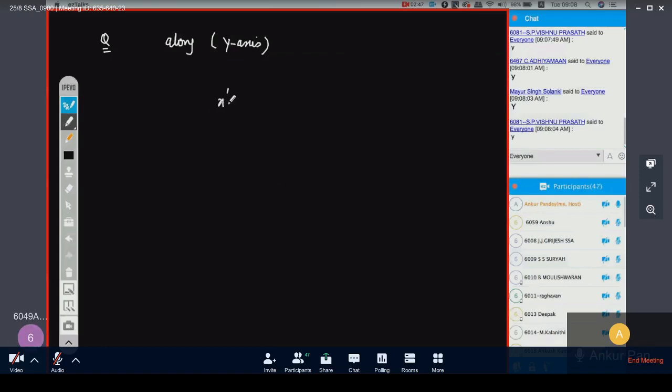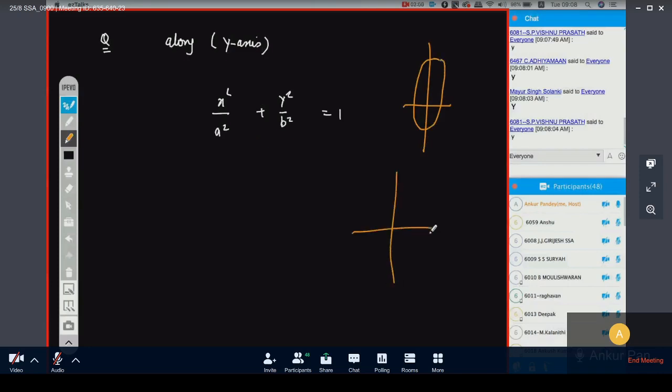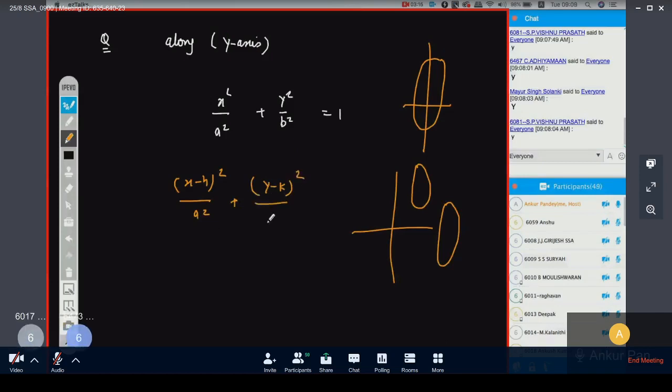Now it will be x square by a square plus y square by b square equal to 1. No, because when we say along y-axis, the ellipse can look like this, or like this, or like this. Hence the center can be anywhere. So then the equation is (x minus h) square upon a square plus (y minus k) square by b square equal to 1. Got it?